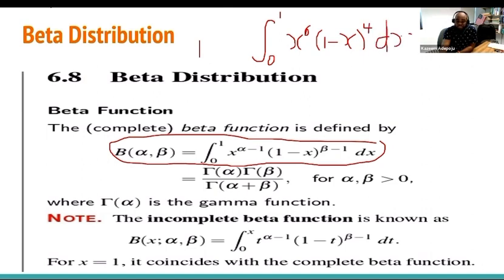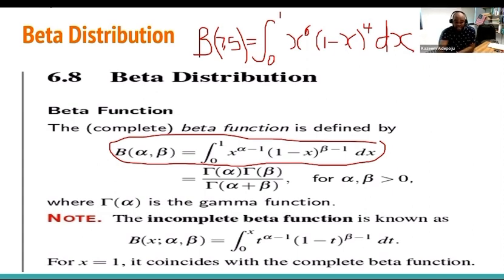If you want to integrate this, it's going to take forever. But since the state space is from 0 to 1, I can assume that this is the same as B(7, 5). Take a look at that. I can see it as that.